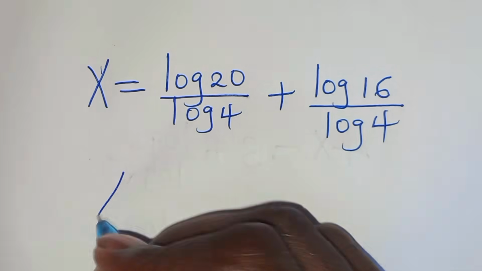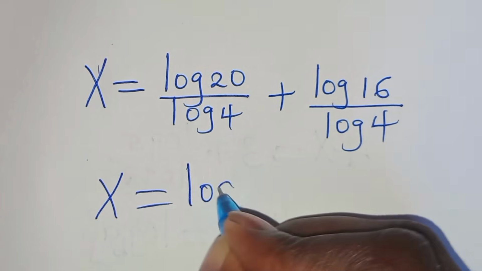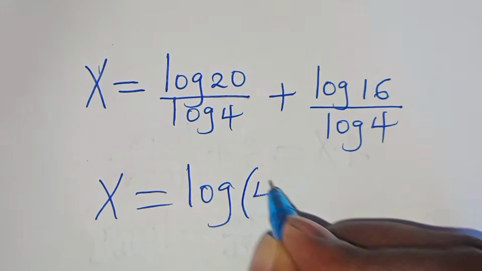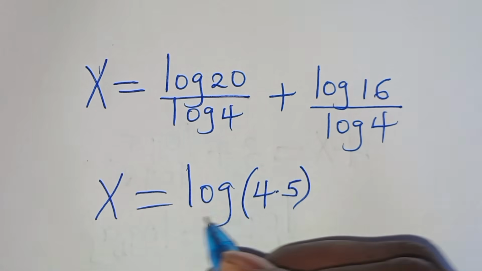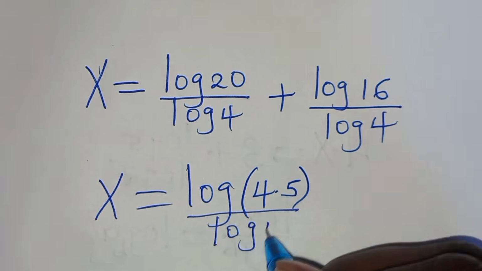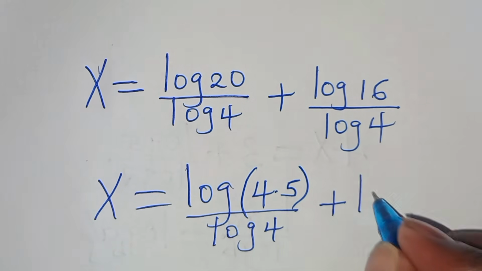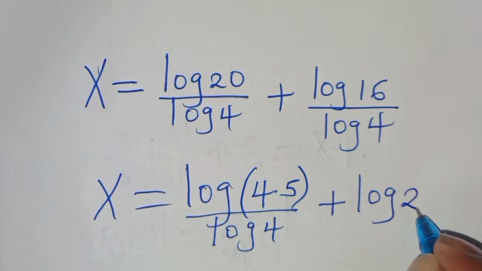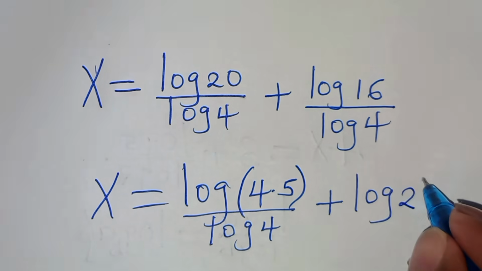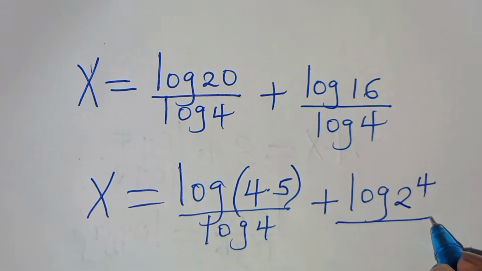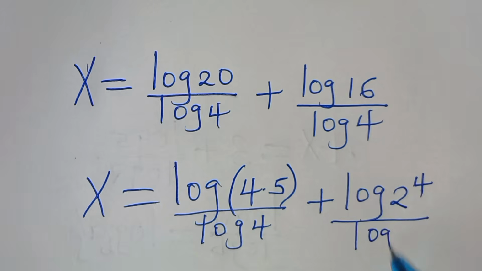Now the next step, we have x equal to log, we can express 20 as 4 multiplied by 5, divided by log 4, then plus log 16, which you can express as log 2 raised to the power of 4, divided by log 4.